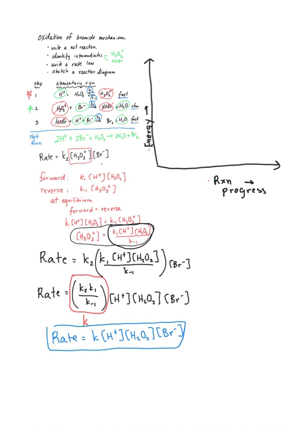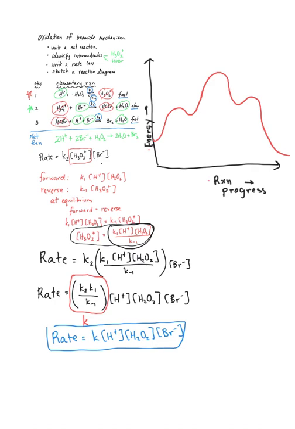Finally, our third elementary step is, again, fast, meaning that the energy barrier to that process must be low compared to the second elementary step. Sketching this out, we might draw something that represents hills that are large for slow processes and comparatively smaller for fast processes.